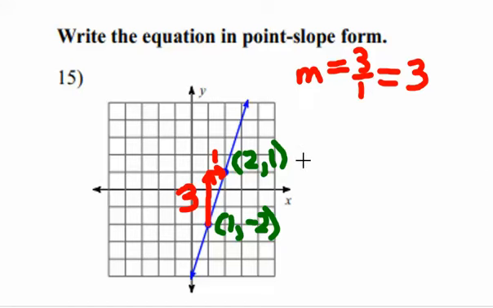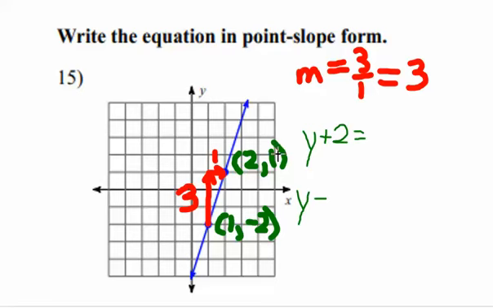So if we're looking at the two different ones, we've got y minus y1, and I'm going to do both of them simultaneously so that you can see what happens. So y minus, the y in the first point would be a -2, so we change the sign, plus 2.